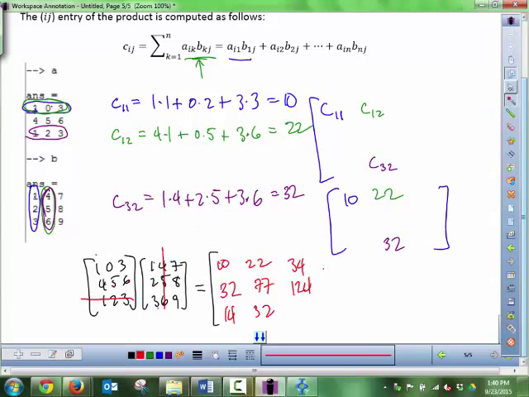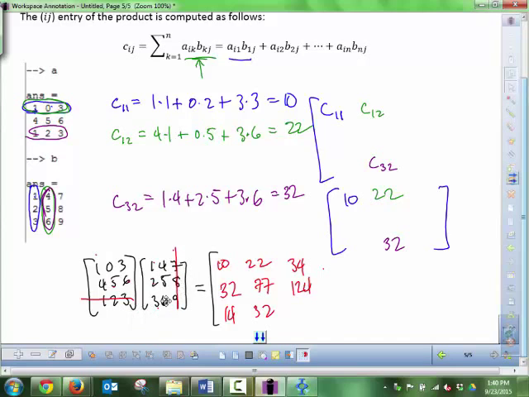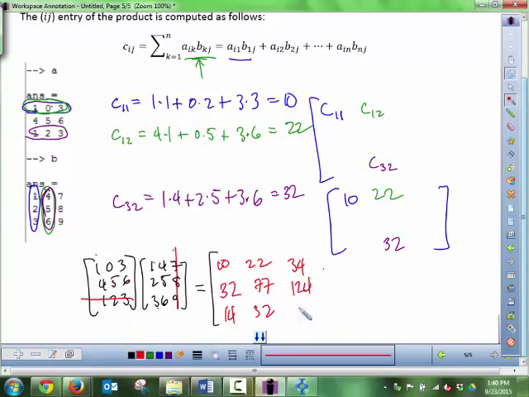And then the last one, 7, 16, and 27. 50? Oh, man.